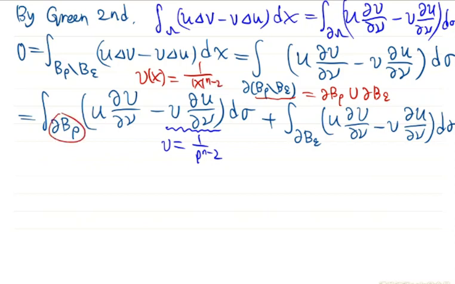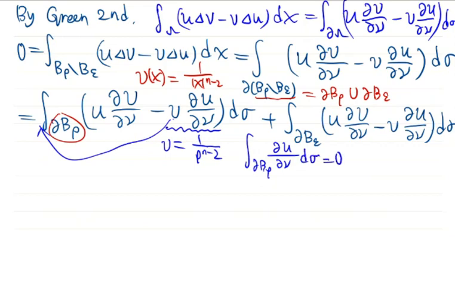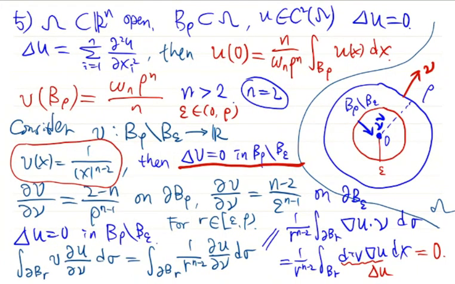On this sphere, the norm of x is rho, so v is a constant, 1 over rho^(n-2), over this sphere. Therefore, v in this term can be moved out of the integral. But then we know that the integral of the directional derivative of u is 0. We just proved this result in the last step, on the last page. Including the v here, this computation is 0.